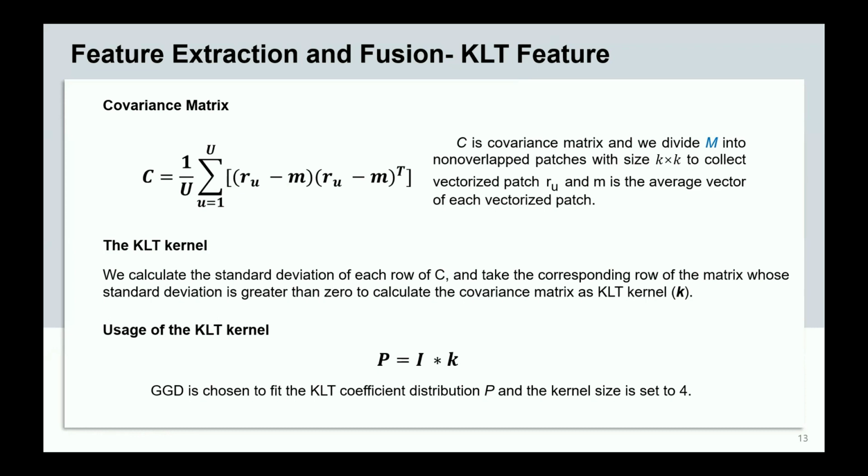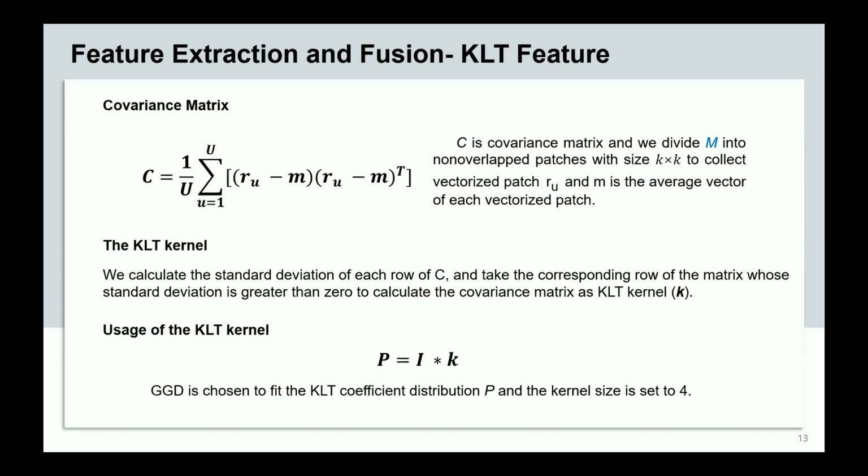Then we calculate the KLT kernel. We calculate the standard deviation of each row of C and take the corresponding rows of the matrix whose standard deviation is greater than 0 to calculate the covariance matrix as the KLT kernel.